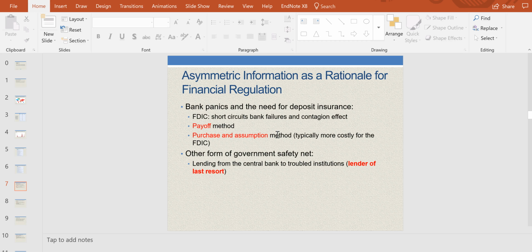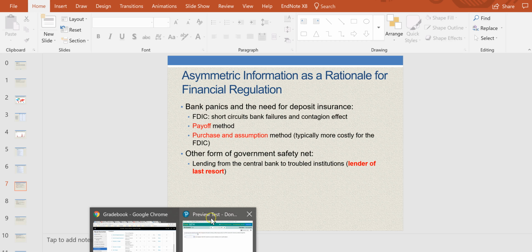But for this purchase and assumption method, the FDIC not only guarantees the deposits below this $250,000 limit, but also guarantees the deposits above that limit. So that's one of the reasons why the purchase and assumption method is more expensive relative to the payoff method.